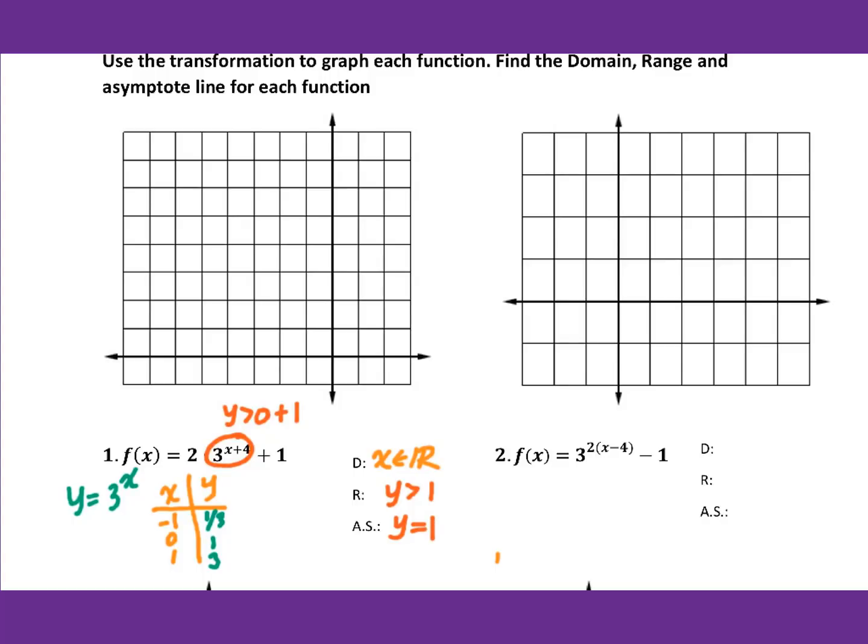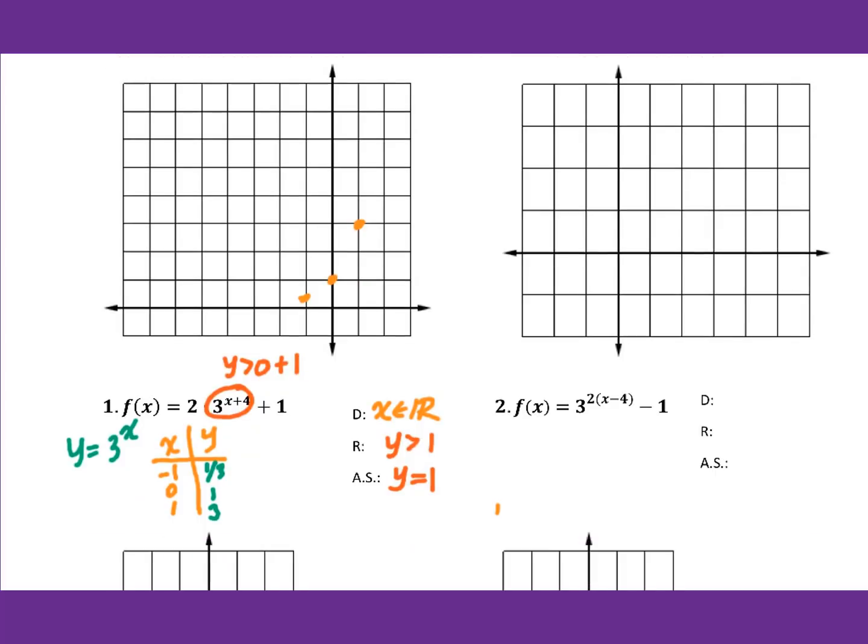First of all, we got to draw the parent function. You get the points -1, 1 over 3, 0, 1, and 1, 3. These are 3 points. Then we got to do transformation. For the 2, that means vertically stretch by a factor of 2.